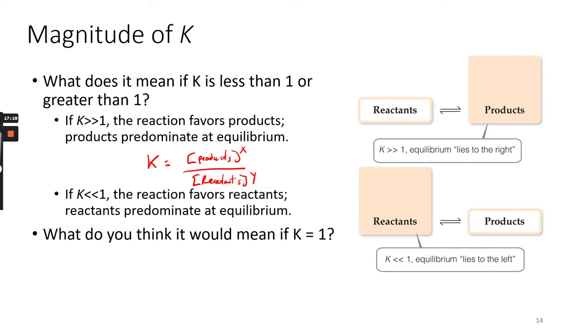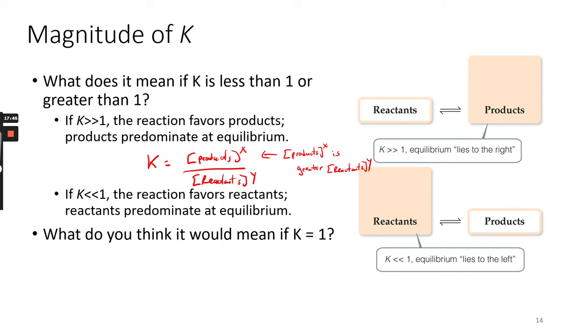If K is greater than 1, then your products term is larger. So your concentration of products raised to its power is greater than your reactants raised to some power. And that's what this diagram is showing you here. See, your reactants are tiny and your products are huge.